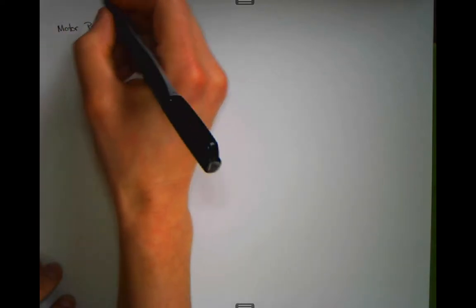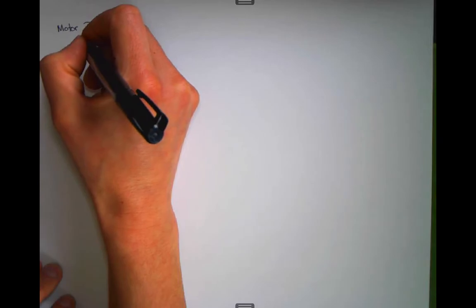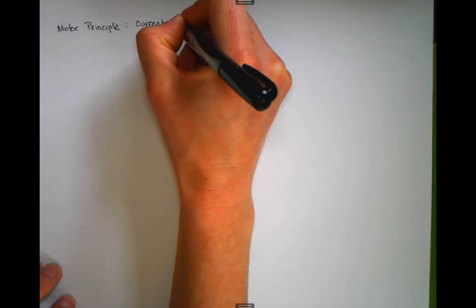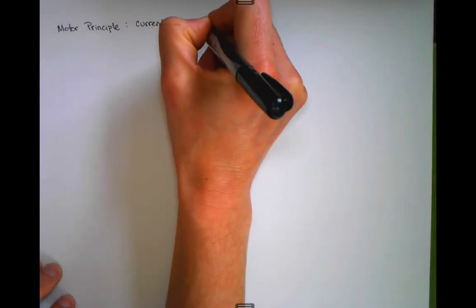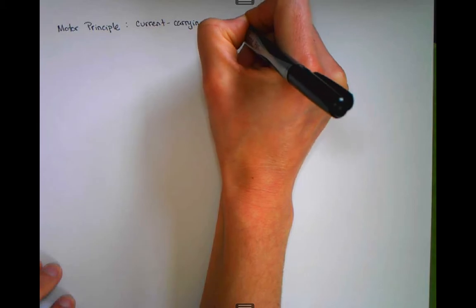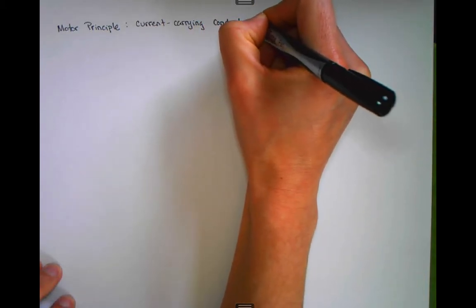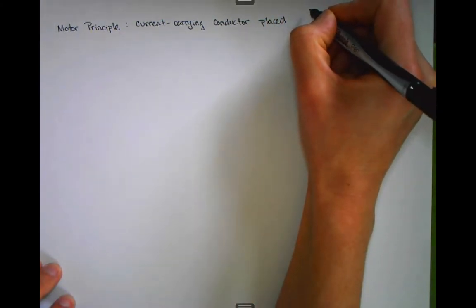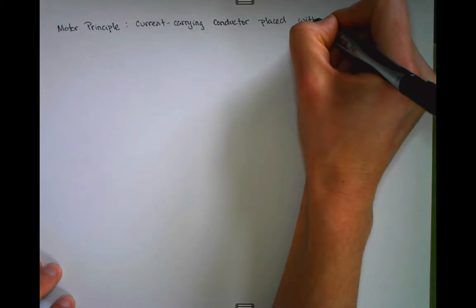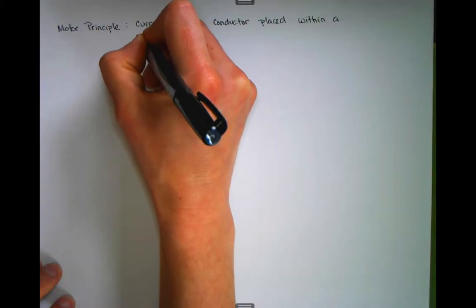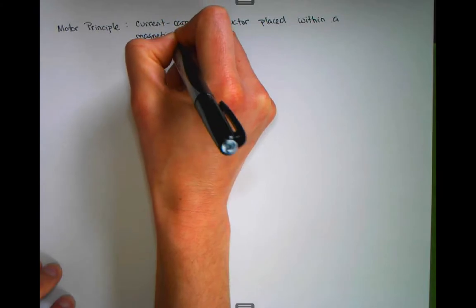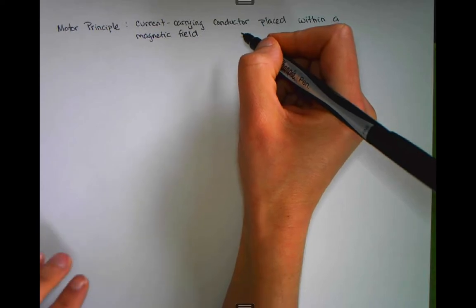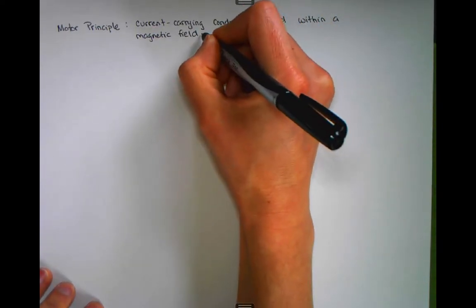Right? So this has to do with a current carrying conductor placed within, so let's just write this out, a current carrying conductor, right? So a wire that has electrons running through it, placed within a magnetic field. So you're placing this wire in an outside or an external magnetic field, will experience a force.